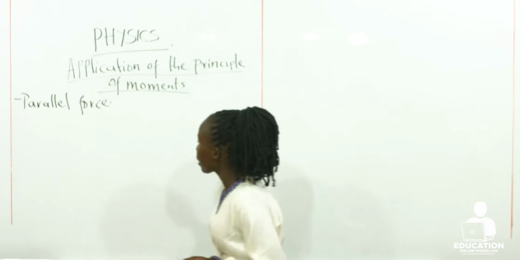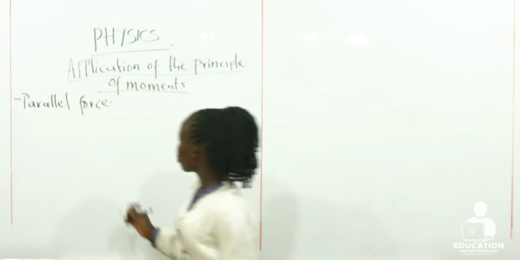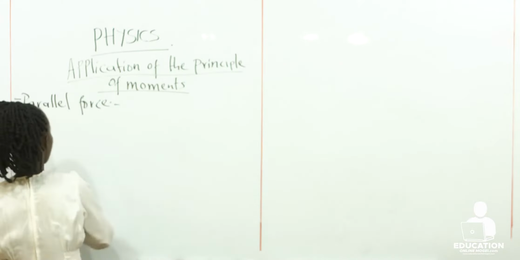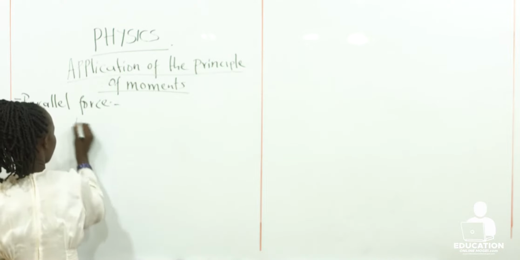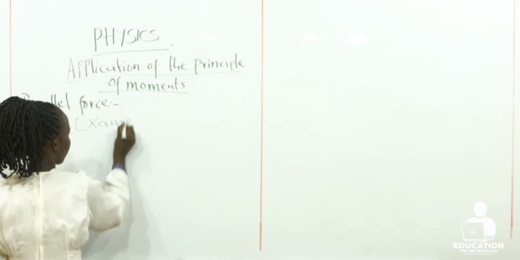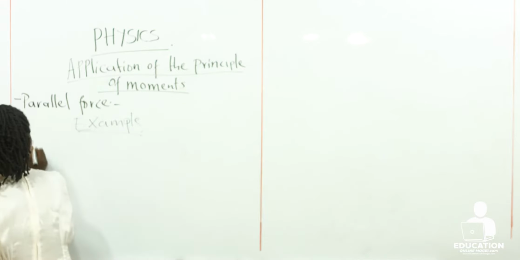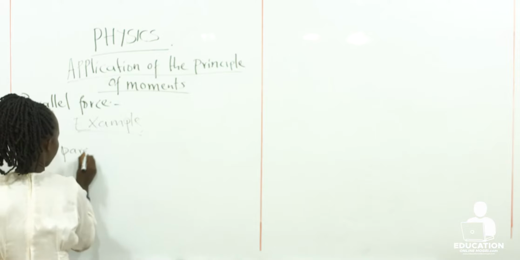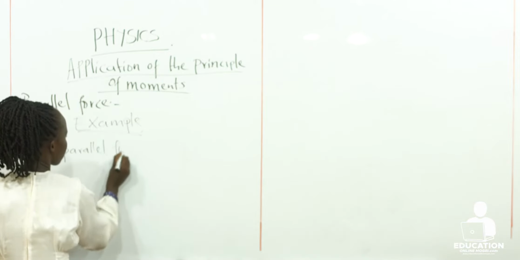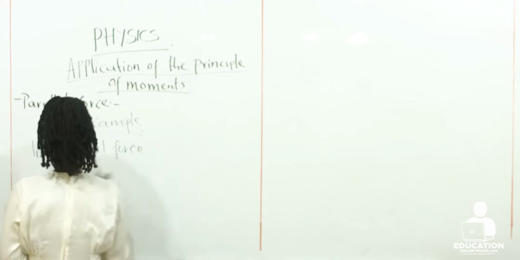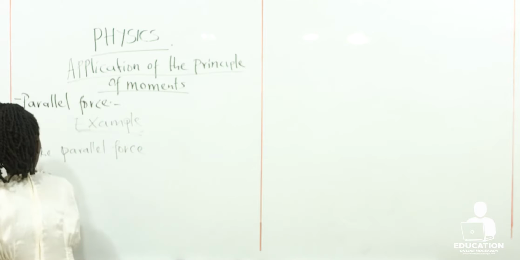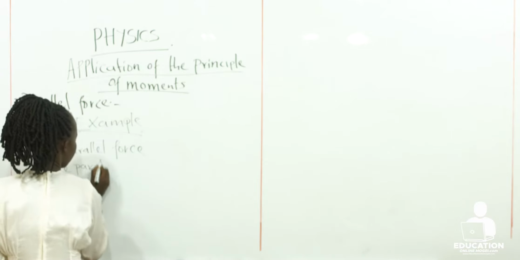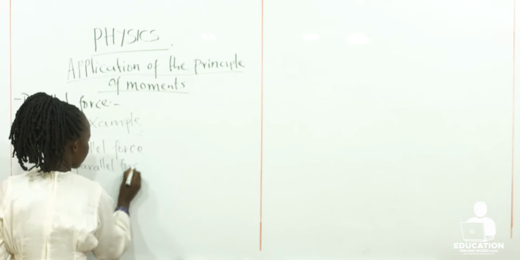So for example, you can take two examples of this parallel force: we have the like parallel force, and then we have what is known as the unlike parallel force.